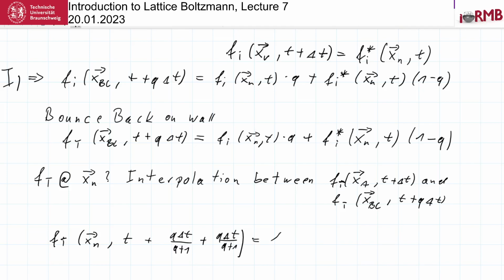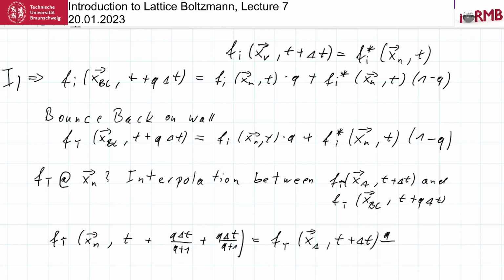Now we do the interpolation in space and time. So we have t, we come to a strange place in time. We have x, let me see, is xa, yeah, I hope so. T plus delta t, so taking again the leverage, but not the leverage in space, but in space and time.